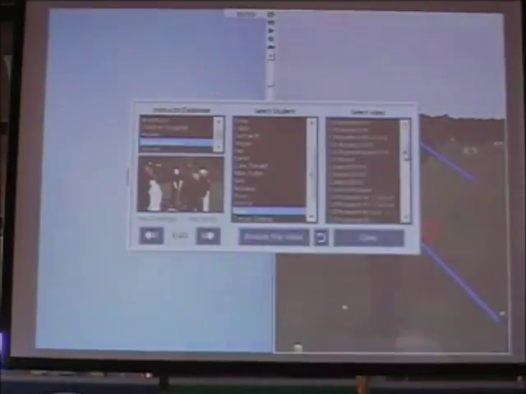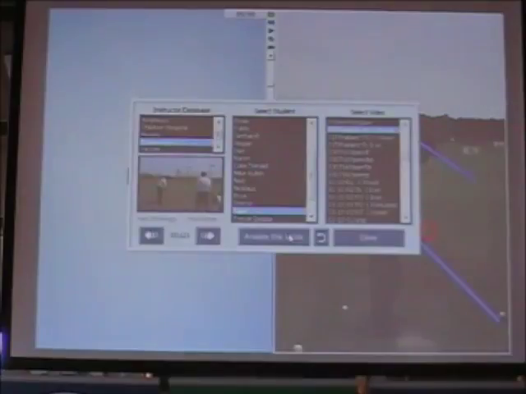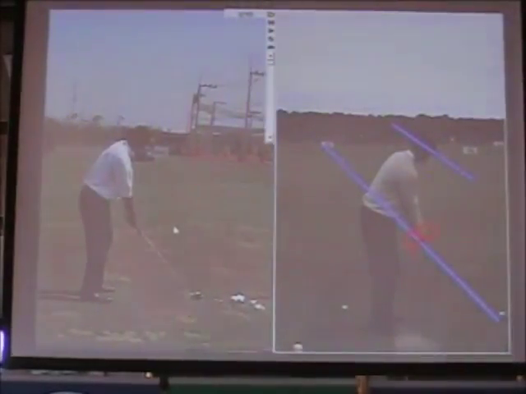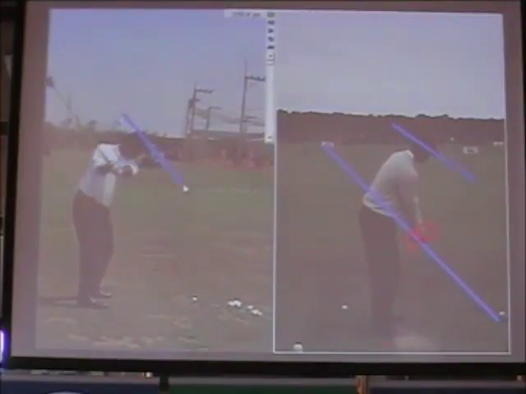Let me get him with a 3-wood. Okay. Look at his shoulder plane.